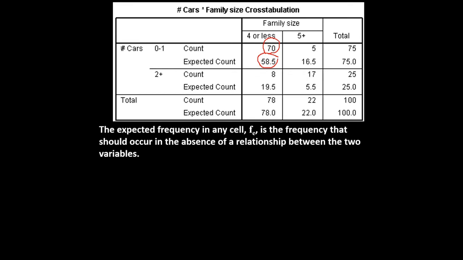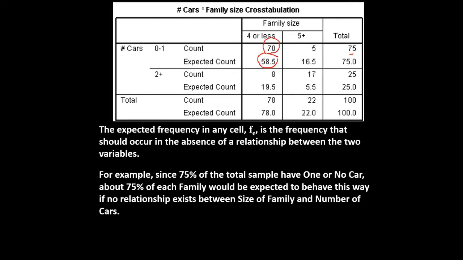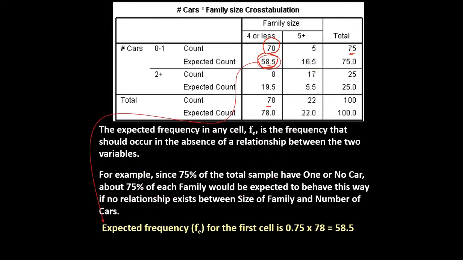If 75% of the total sample have 0 or 1 car, then our expected frequency for this would be 75% of 78, and that will be 58.5.